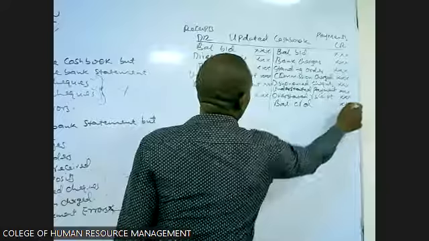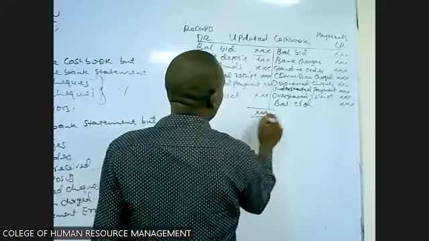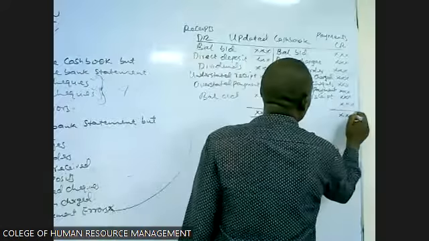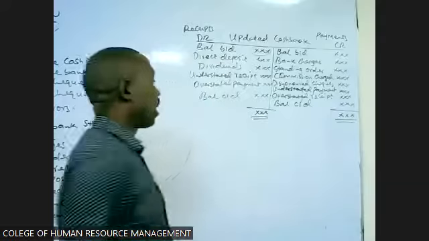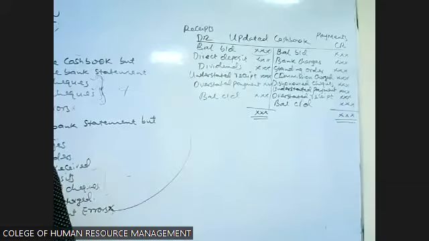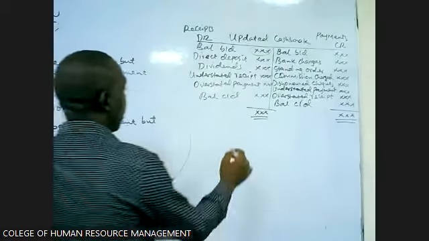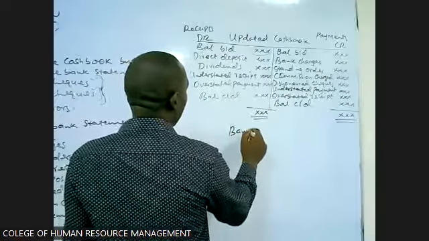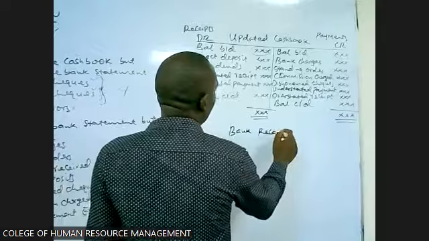The balancing figure, so that your cash book can balance. Once it has balanced, then now you can go ahead and prepare the bank reconciliation.